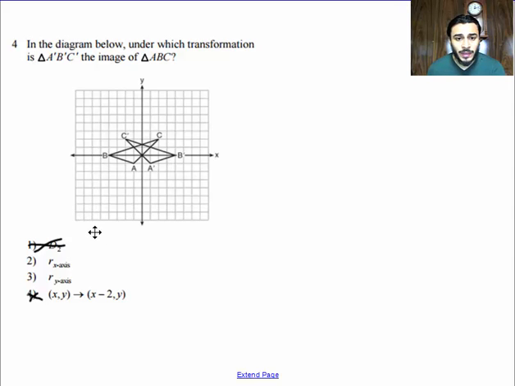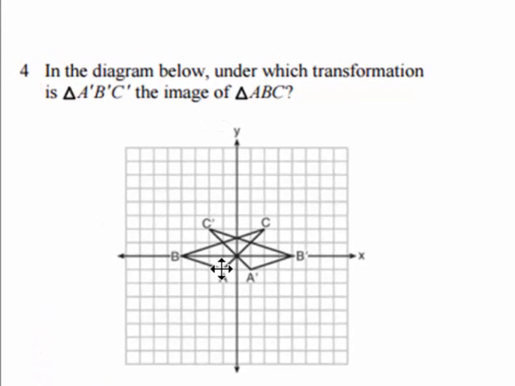So it's either a reflection across the x-axis or a reflection across the y-axis. And if we look at the original image, it's right over here, and you can see that point C is reflected across the y-axis and ends up here. Point B is reflected across the y-axis and ends up here. Point A is reflected across the y-axis and ends up here.